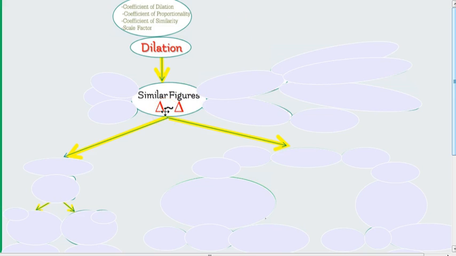This means if you have triangles, then you could use one of these rules to prove them similar. If you have two pairs of congruent angles, or three pairs of corresponding but proportional, not congruent, sides, or if you have a situation when one pair of corresponding congruent angles are included between two pairs of corresponding sides who are in proportion.